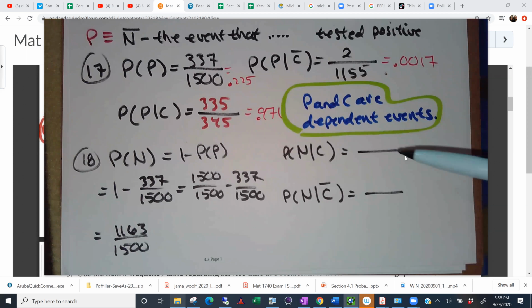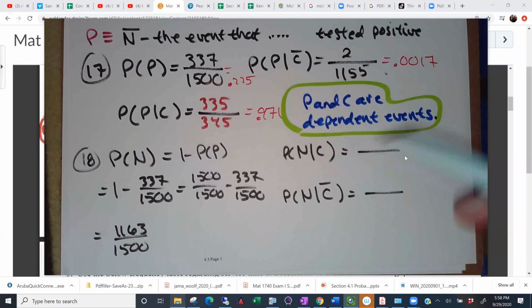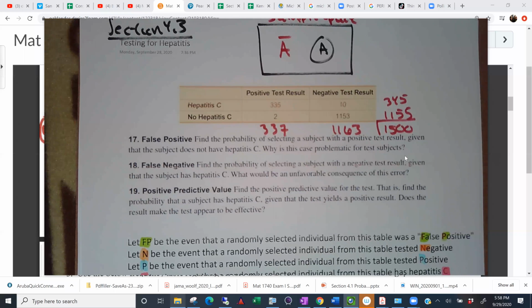So Hannah, let's look at this probability of N given C. Where are we at on this table? What should I focus my attention on?